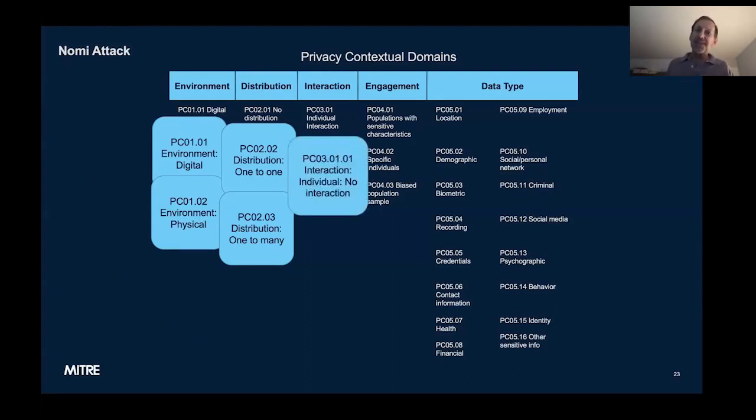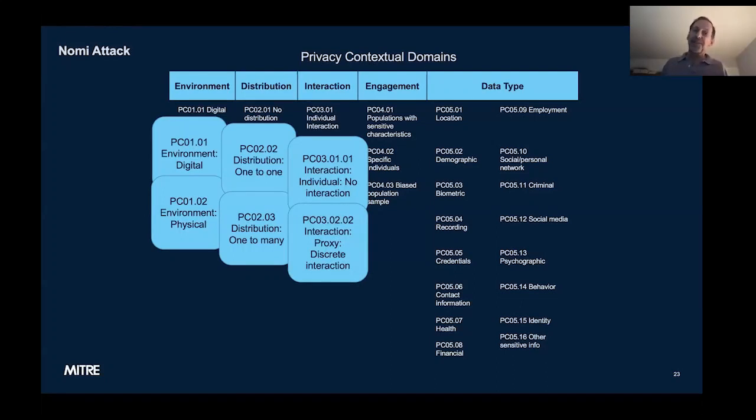In terms of individual and in terms of interaction, there was no individual interaction, right? Individuals were unaware that any of this was taking place. They were not interacting with the threat agent at all. Their phones were. And so what we have is discrete proxy interaction.